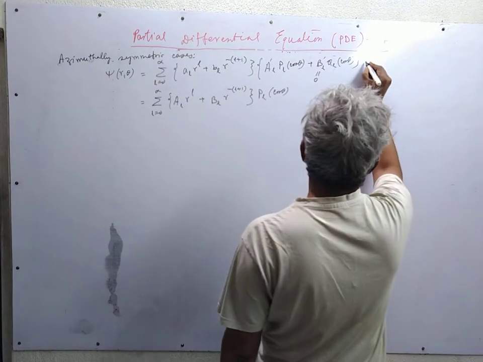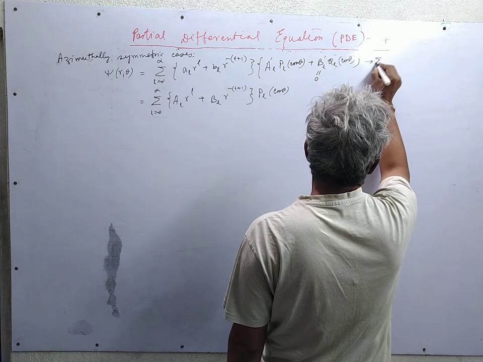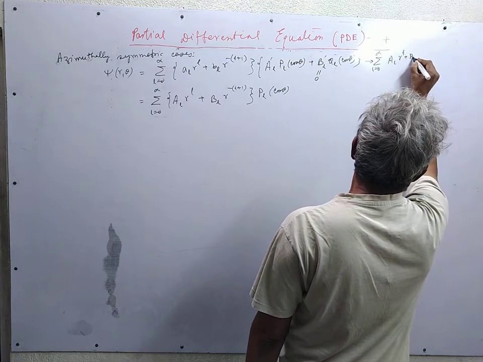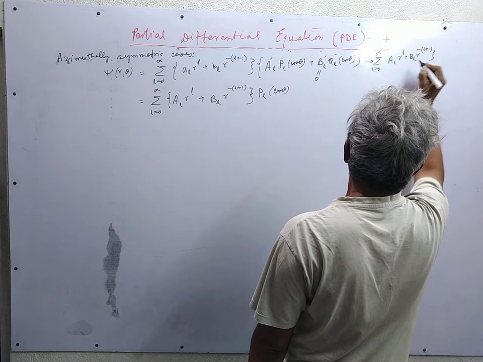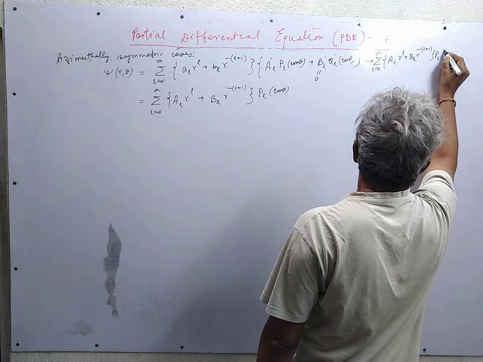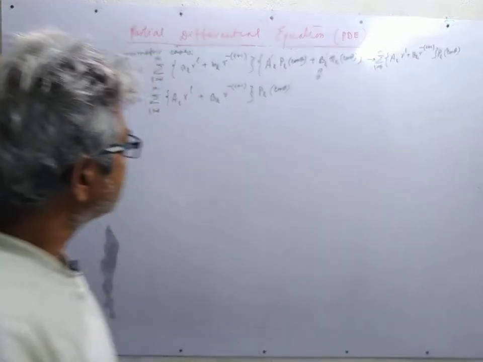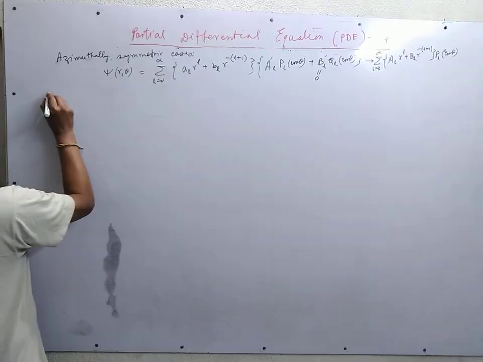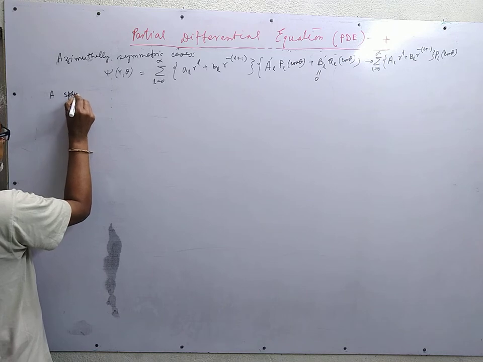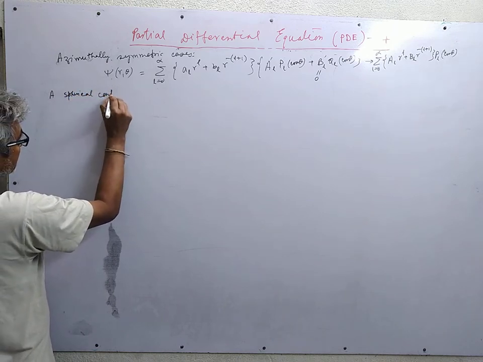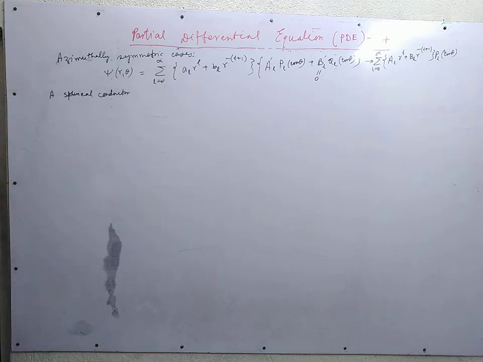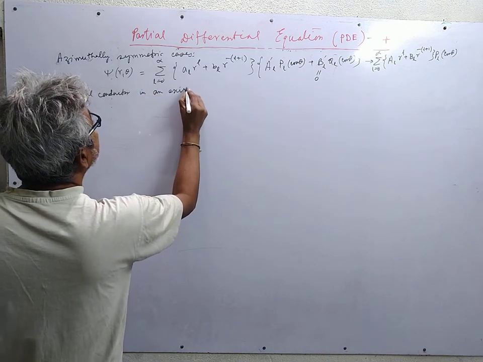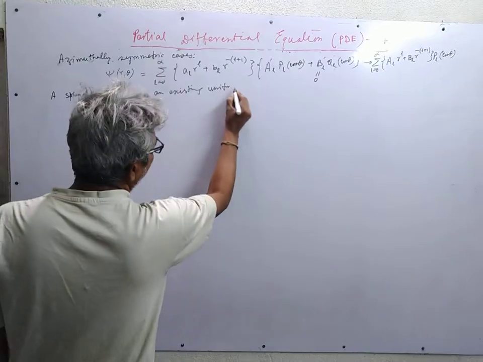This is the sum. We consider a spherical conductor in an existing uniform field.